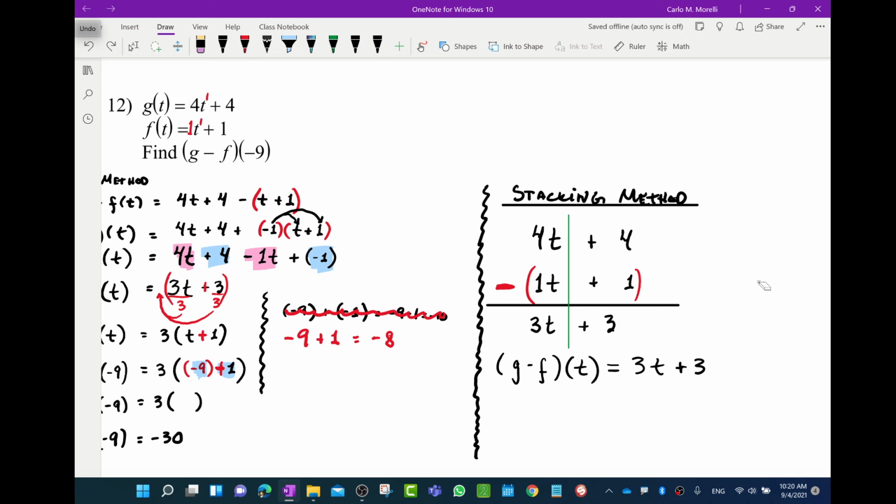I want to show the wrong work and then scratch it out, okay? So this should have been minus 8, which means this should have been negative 24.